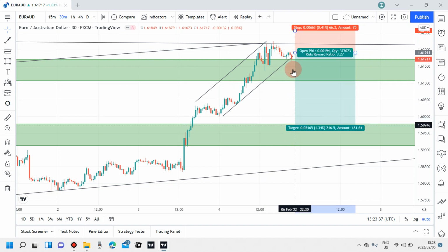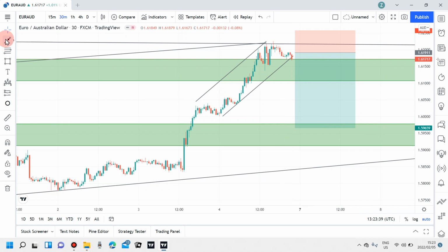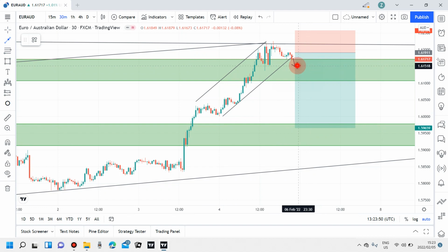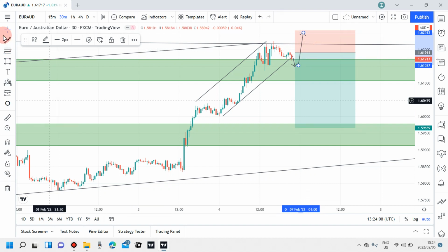So if the market were to continue breaking this trend line, go up for a retest, and you find that the market is failing to retest and move back down, hence the market breaks out.